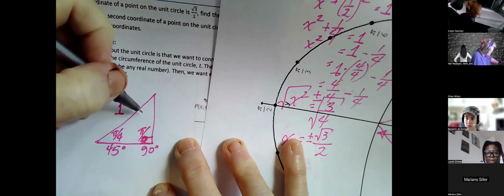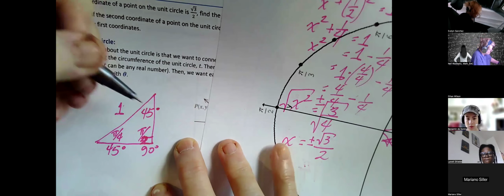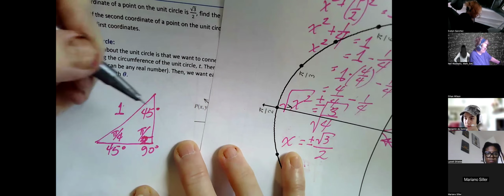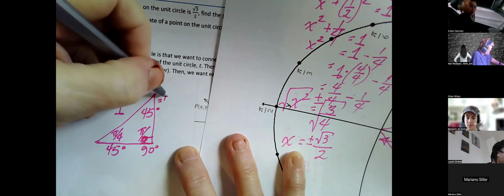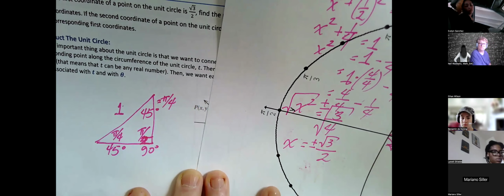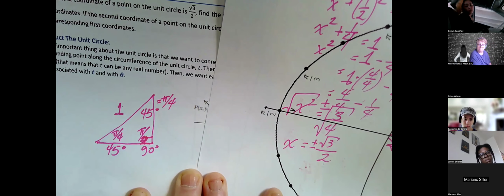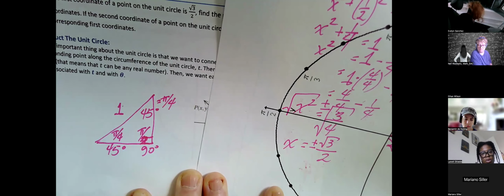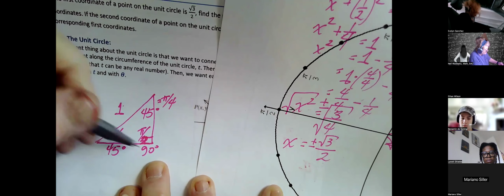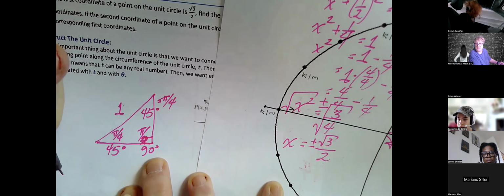How did you know? 45 plus 45 equals 90, and 90 plus 90 is 180. Perfect. So we have what kind of triangle? If two of the angles are the same, isosceles, and that means that the legs in this case have to be the same.